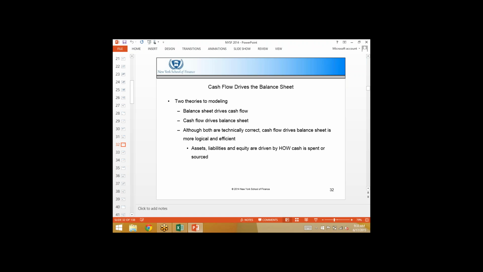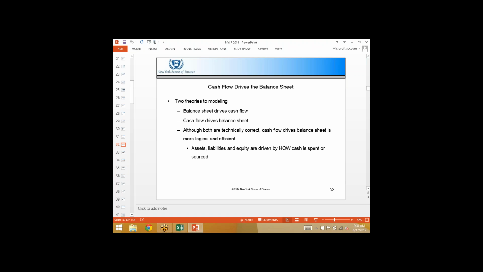So although both are done and are techniques of modeling, we prefer the cash flow drives the balance sheet method for two good reasons. One, I think it's logically more sound: you first create a statement of income for tax purposes, for government purposes, and then you take that net income and back into, as we've discussed, how much of that net income is cash, and then you're using the cash flow statement to drive the balance sheet.